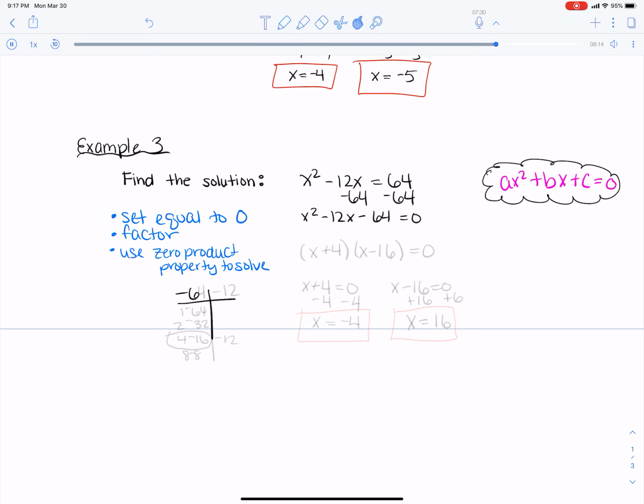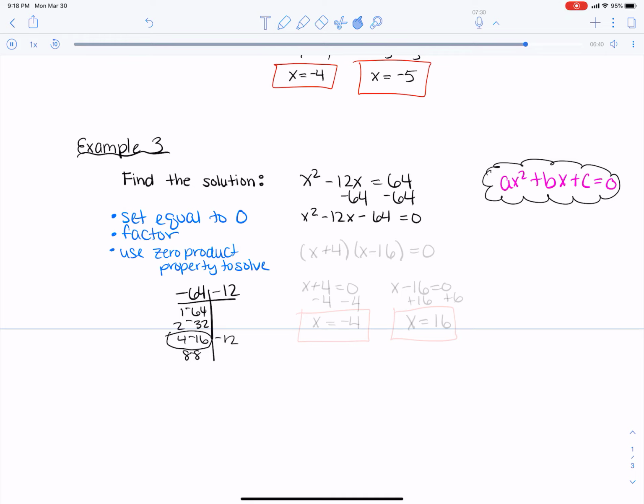What multiplies to negative 64 and is going to add to negative 12? My factors of 64 are 1 and 64, 2 and 32, 4 and 16, and 8 and 8. When they add, my answer has to be negative, so my bigger number is going to be negative, and I can see that 4 and negative 16 are going to give me a negative 12.